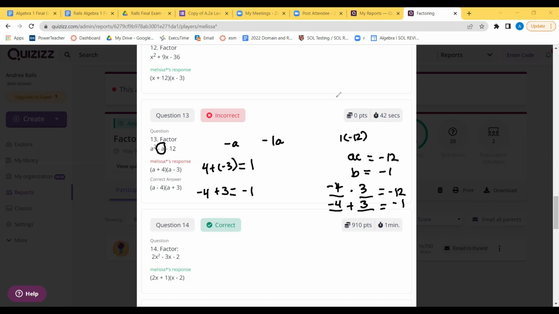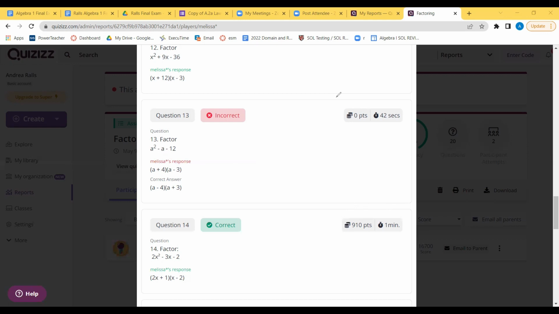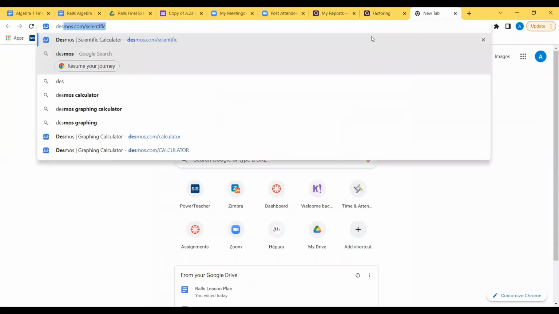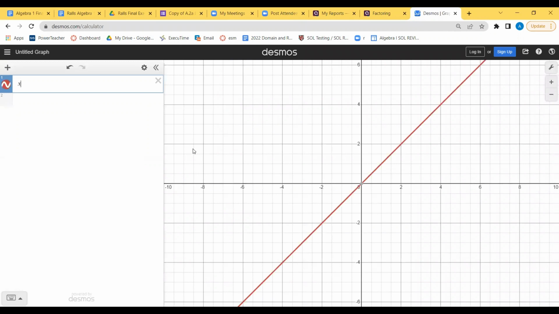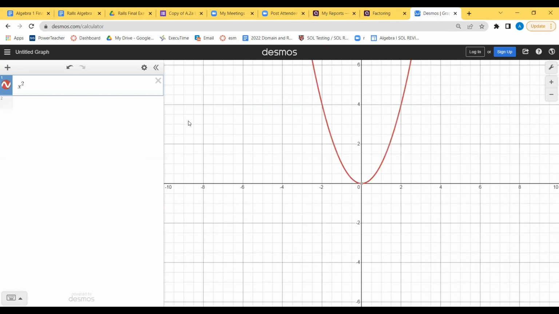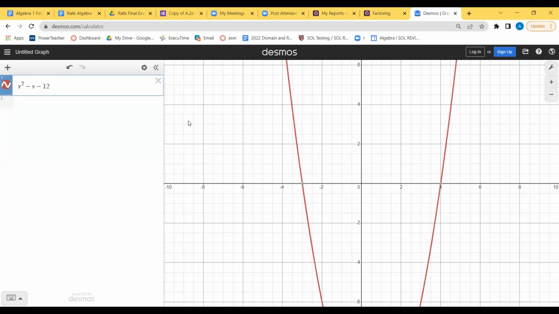All right. Another thing you can do is always check it in Desmos to see if your factors give you the same thing. What do I mean by that? If I pull up Desmos and they tell me they want me to factor something, you should probably use x as an x and y as opposed to a value. So I'm changing it to x squared minus x minus 12. Here is my original problem.